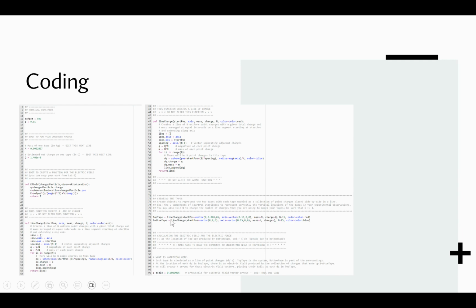Over here, I messed around a little bit with the top and bottom tape axes just to make them a little longer, and then also to get the distance between them correct. And then the scale for the electric arrows down here.